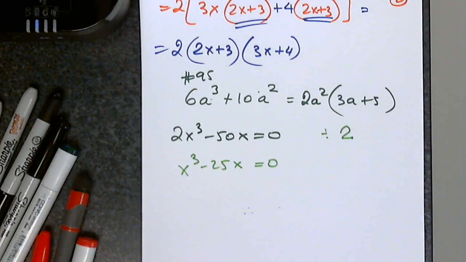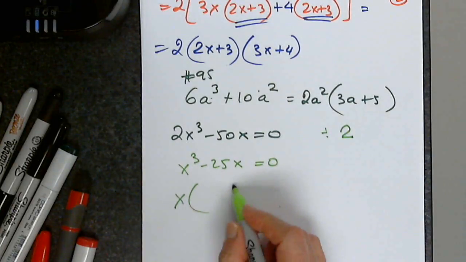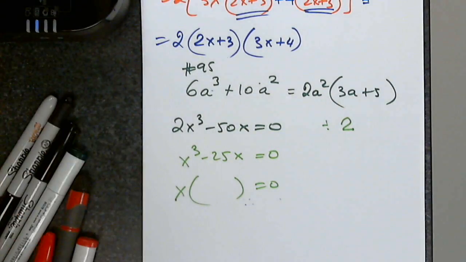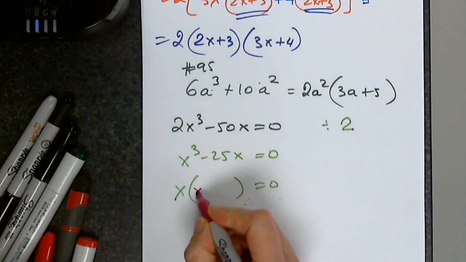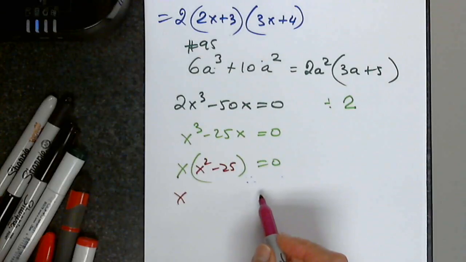It's a binomial. It's in descending order. Greatest common factor. The answer is yes. What will I pull out? Yes, I cannot divide by it, but I have to keep it in the problem, but I can pull it out. Good. I pull out an x, and what is left in parentheses? Very good. Now I know from last time what I have to do with x squared minus 25.